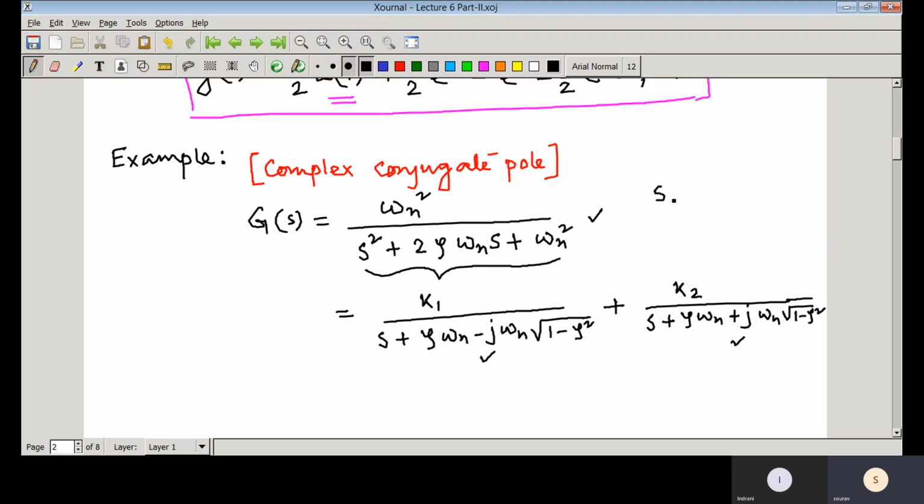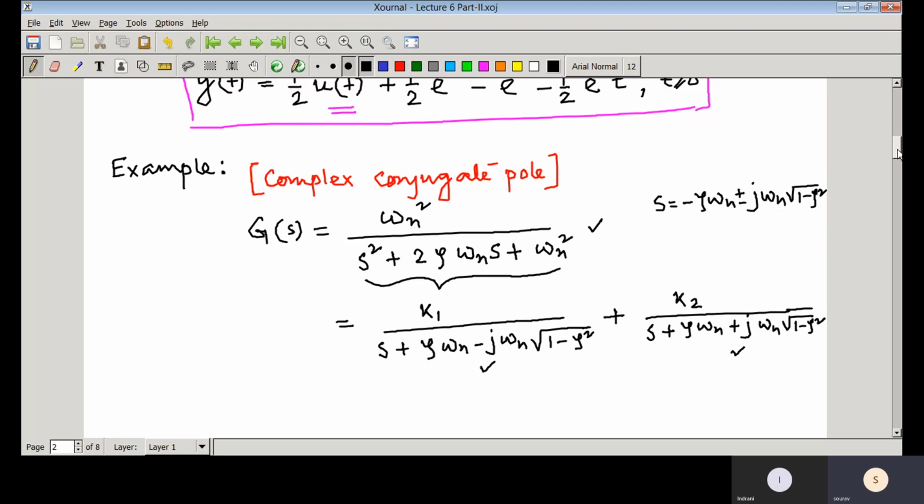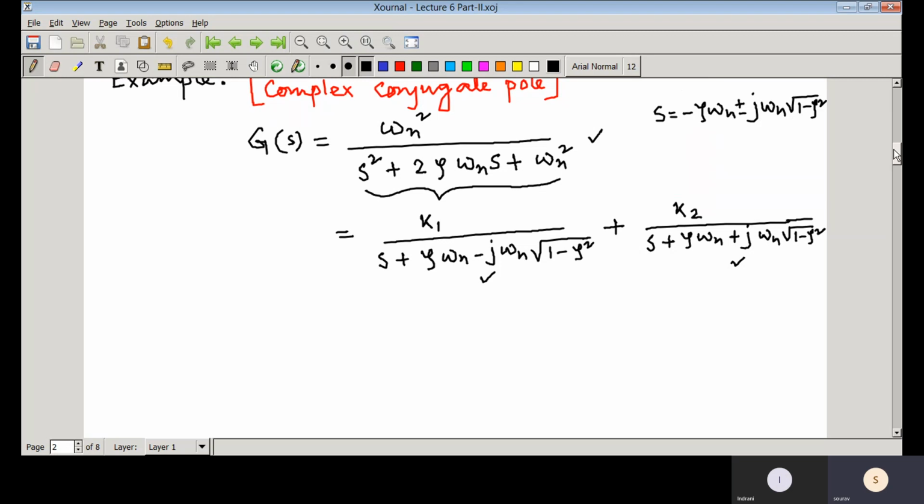Basically s equal to, you have two poles, that is minus zeta omega n plus minus j omega n root 1 minus zeta square. So these are the two poles. Now how to solve this particular problem? We are trying to find what is GT. So GT would be equal to the Laplace inverse of GS.